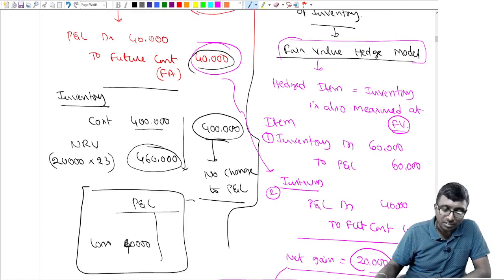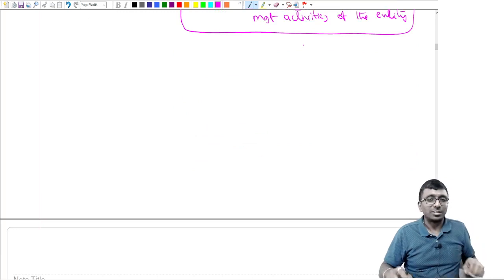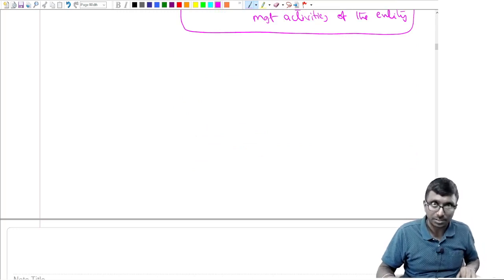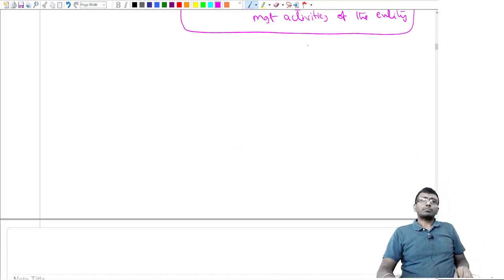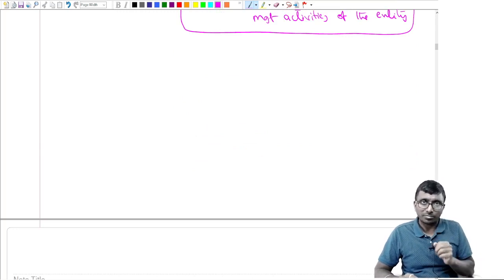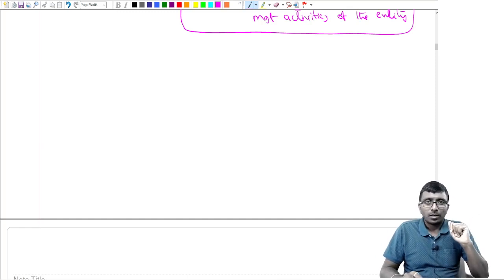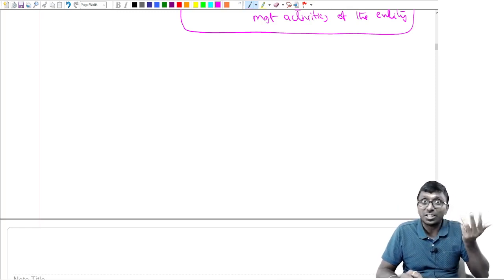See, in some places hedge accounting is actually not required. Where, sir? Why? Suppose the hedged item is measured at FVTPL.